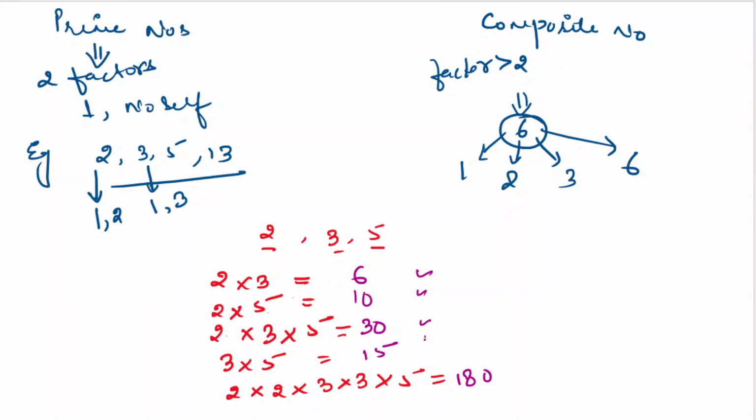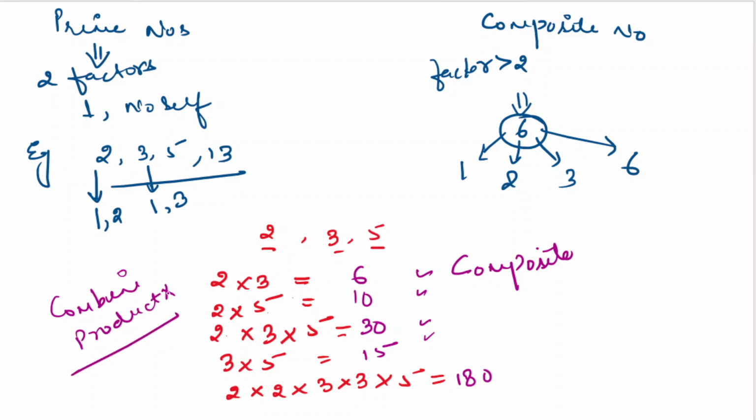And the number you are getting is a composite number. Here you are taking the product of prime numbers. When you multiply prime numbers, you get a composite number, and you always get a different composite number for each combination.